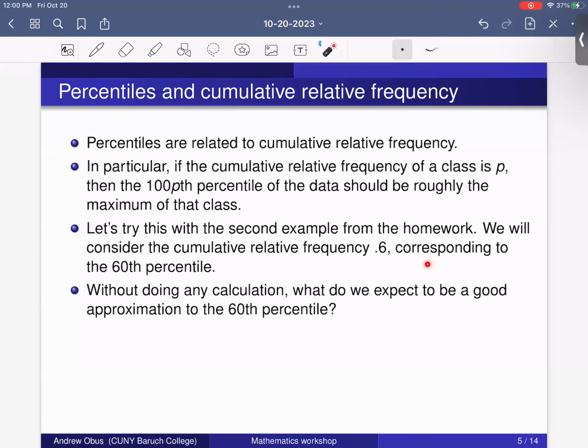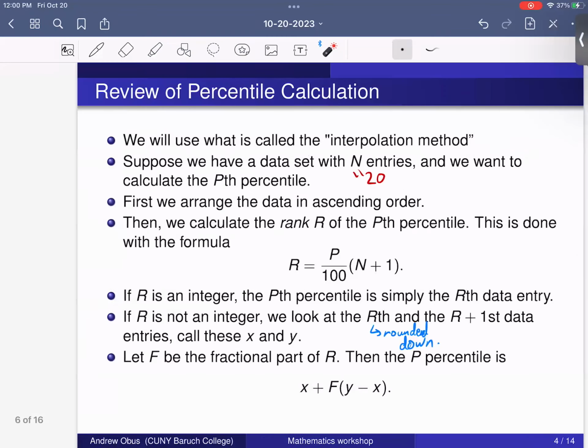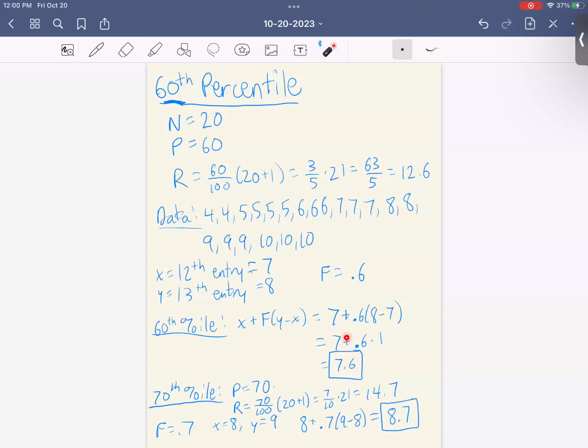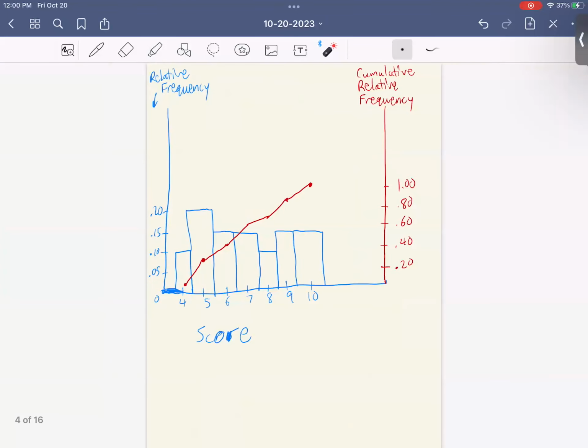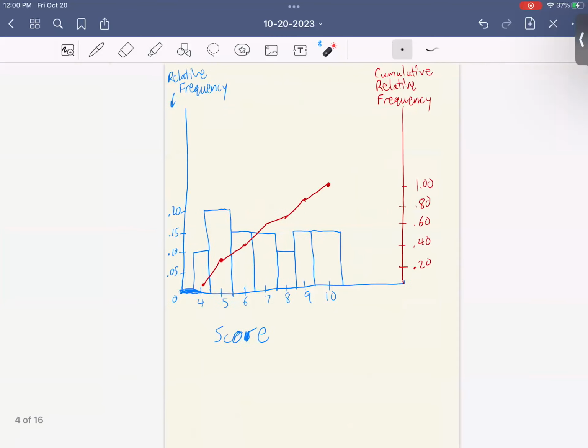So if we do this with this homework, let's look at the cumulative relative frequency 0.6, and this should correspond to the 60th percentile. Now, we already calculated the 60th percentile. We already calculated that it's 7.6. But let's look at where we have 0.6 as cumulative relative frequency.